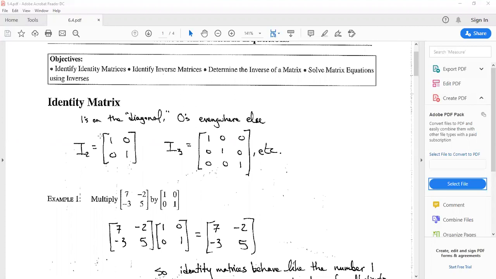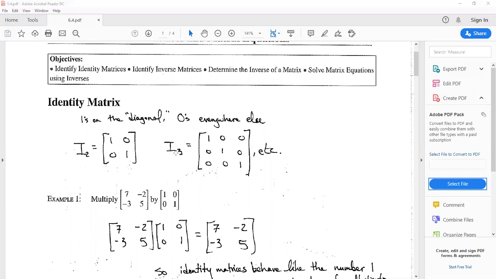That's fine. And then the 2 by 2 identity matrix, which I'll write as I sub 2, is this matrix here, whose first row, first column entry is 1. Its second row, second column entry is 1. And every other entry is 0. So that's this diagonal here.